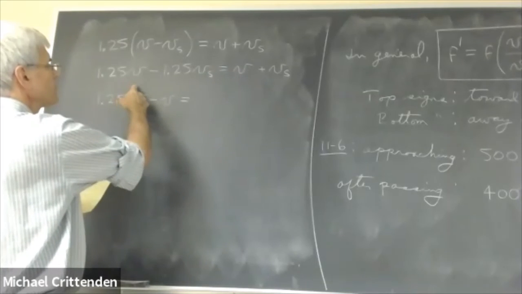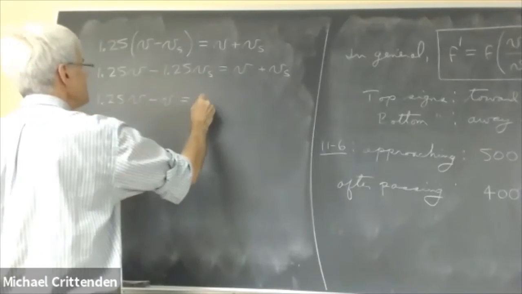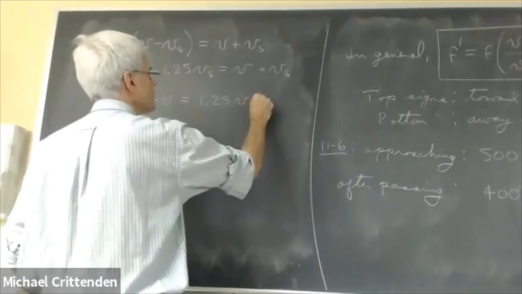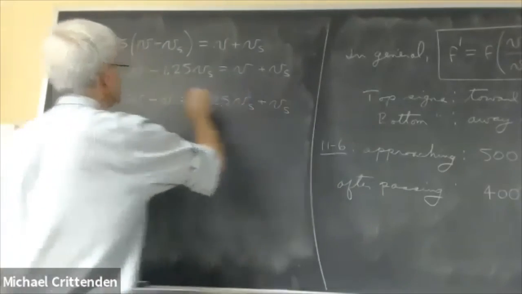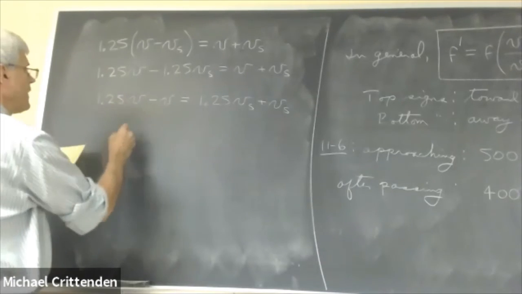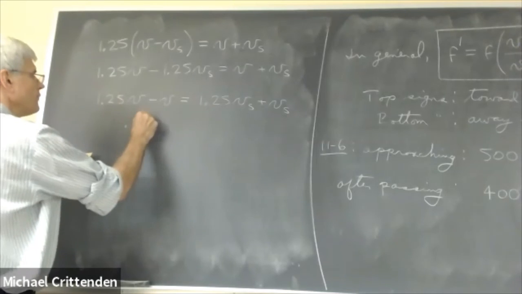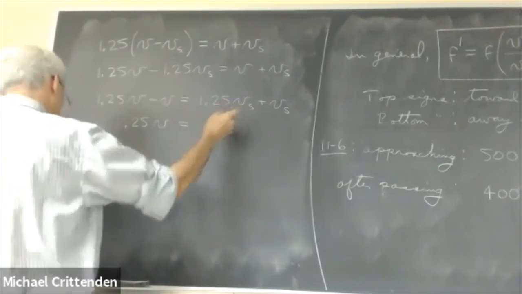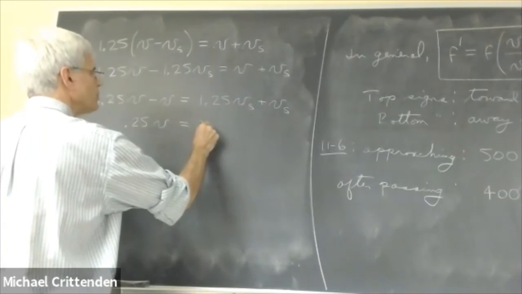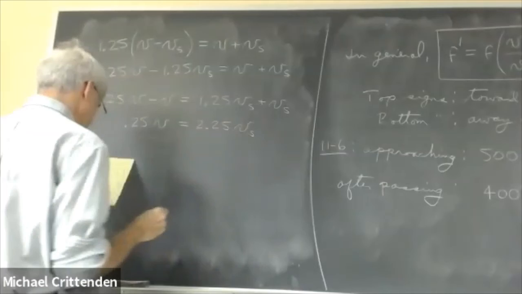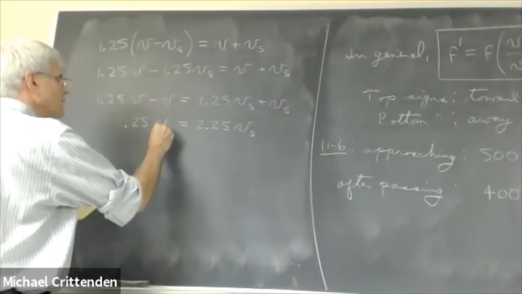Subtract V from both sides, add 1.25 Vs to both sides. That minus that is 0.25 V. That plus that is 2.25 Vs. Okay.